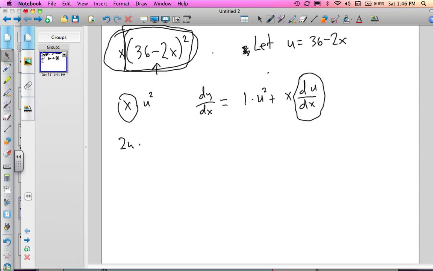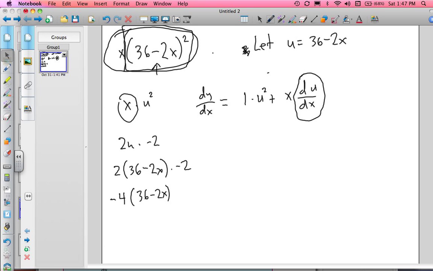So it becomes 2u times the derivative of the internal function, which is just -2. We substitute back in for u, so it would be 2 times (36 minus 2x) times -2, so it becomes -4 times (36 minus 2x).